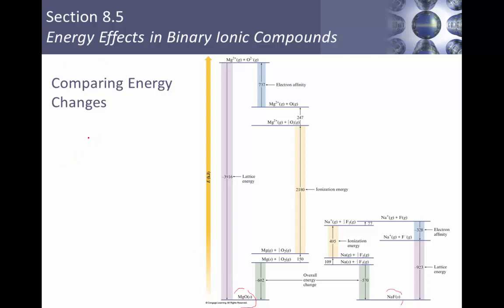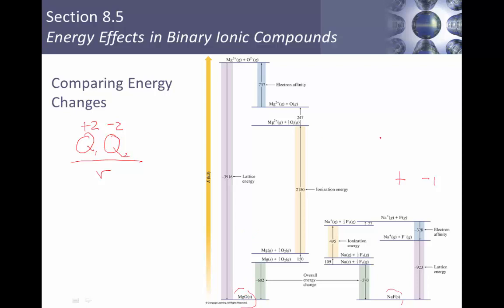So remember our lattice energy formula, or our Coulomb's law formula. These are +2 and -2, whereas over here, this is +1 and -1. So we're going to get a greater lattice energy change. So this is a very stable compound.